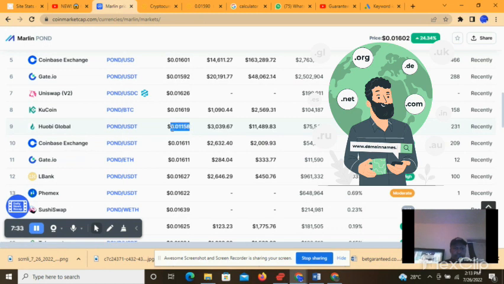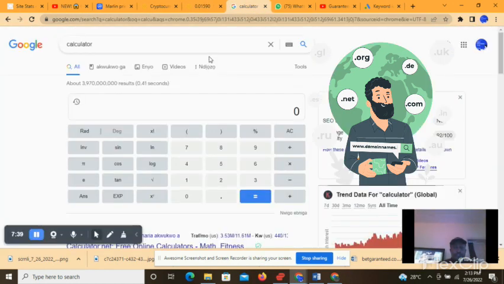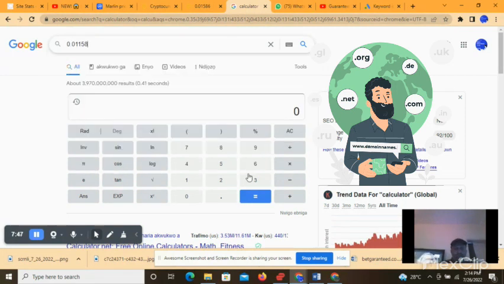Now let's head to our calculator and look at what we can actually get. 0.01158. Now the price of pawn at Binance is currently what?